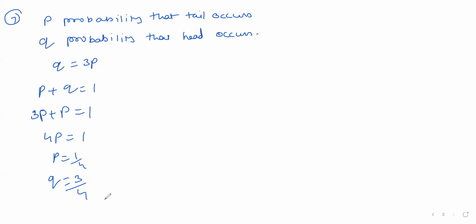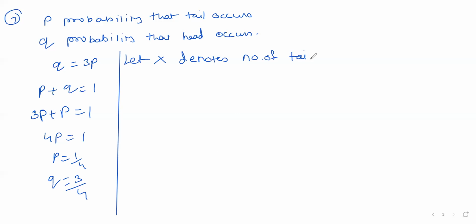Now they say that if we throw a coin or we toss a coin twice, what is the number of tails? I will say let X denotes number of tails. So X can be 0, 1 or 2.